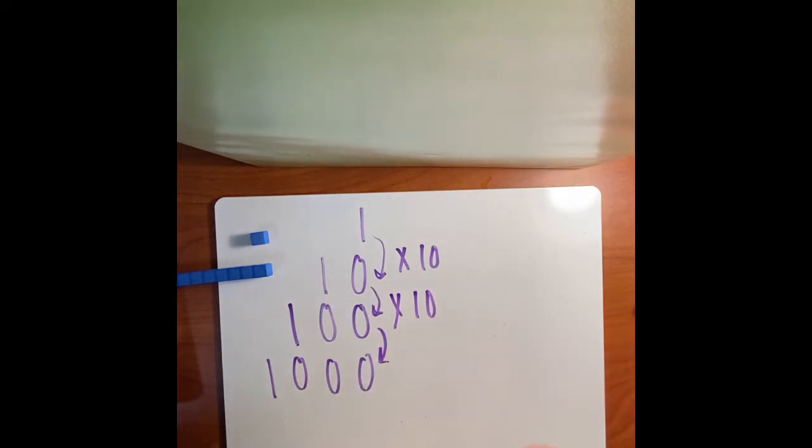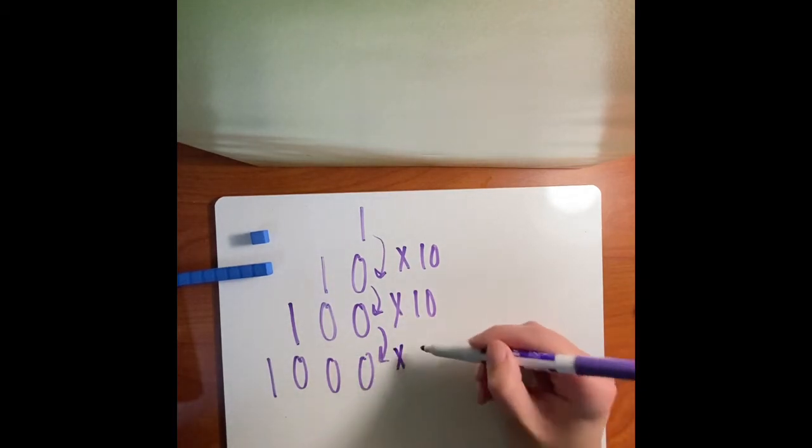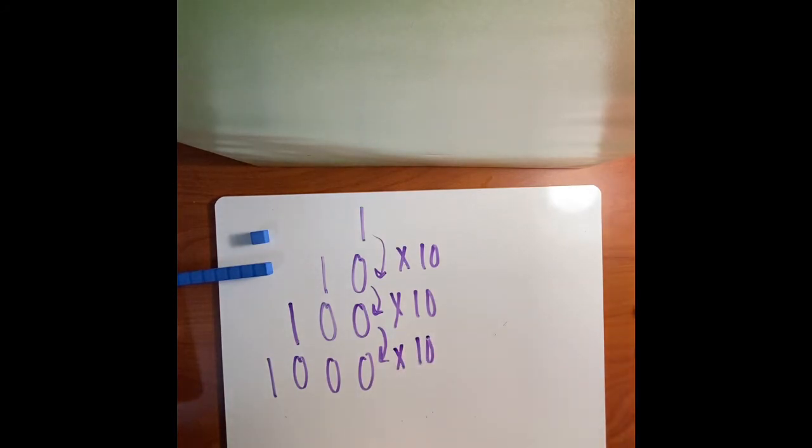So how am I going to get from 100 to 1,000? Well, like we've been saying, one thing that we could do is add 900, but I'm going to multiply by 10 instead to get to 1,000.